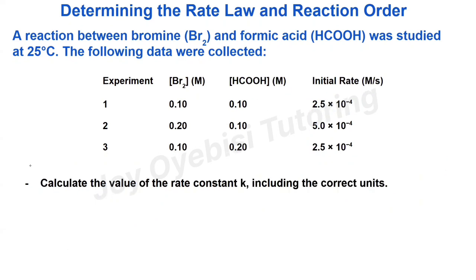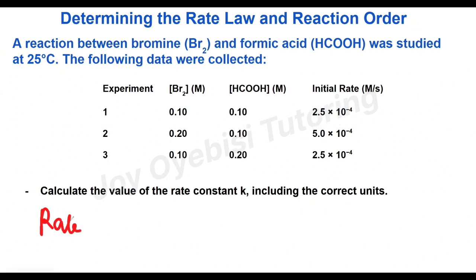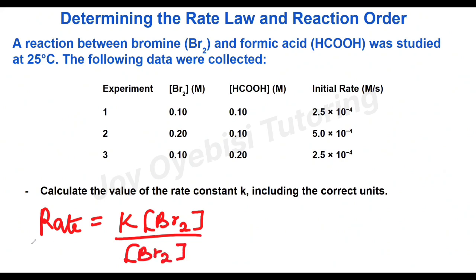The next question says, calculate the value of the rate constant, including the correct units. Since we already have the rate law to be rate equals K times BrO2, to calculate the constant K, we're going to rearrange this equation to make K the subject.